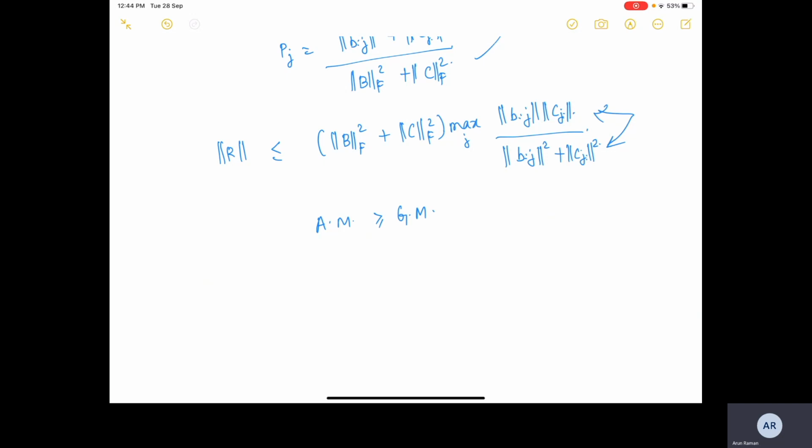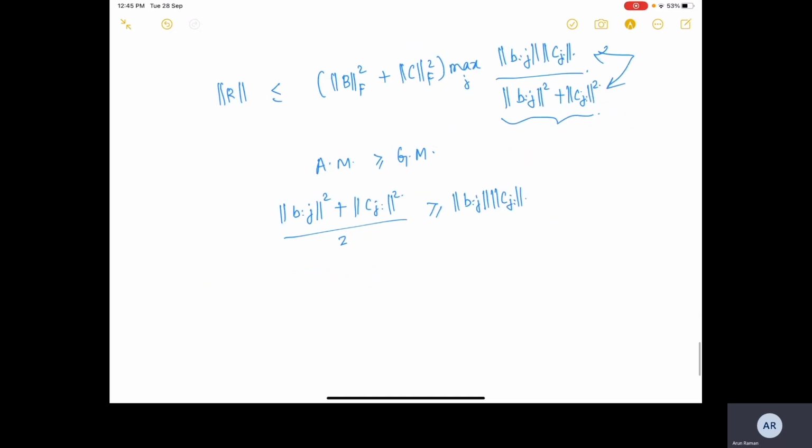When we apply this result for the jth row of B and jth column, then what we obtain is this.